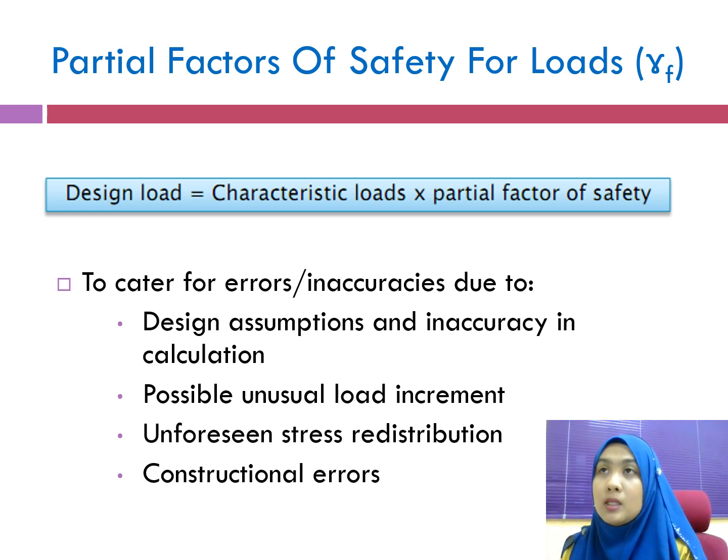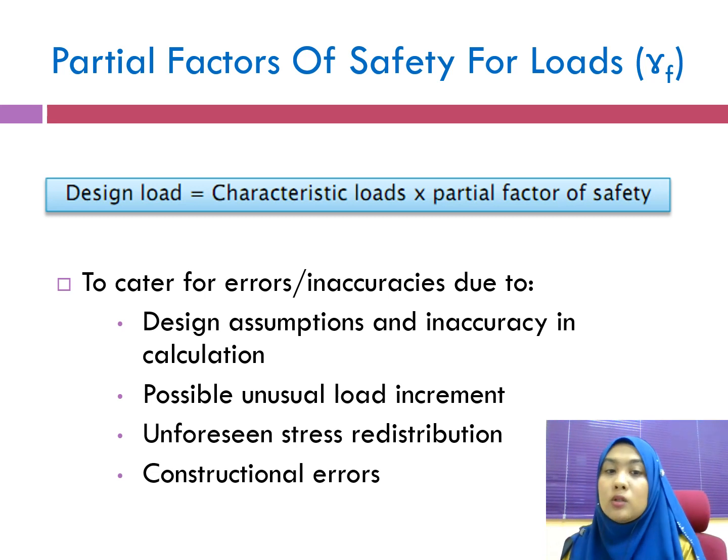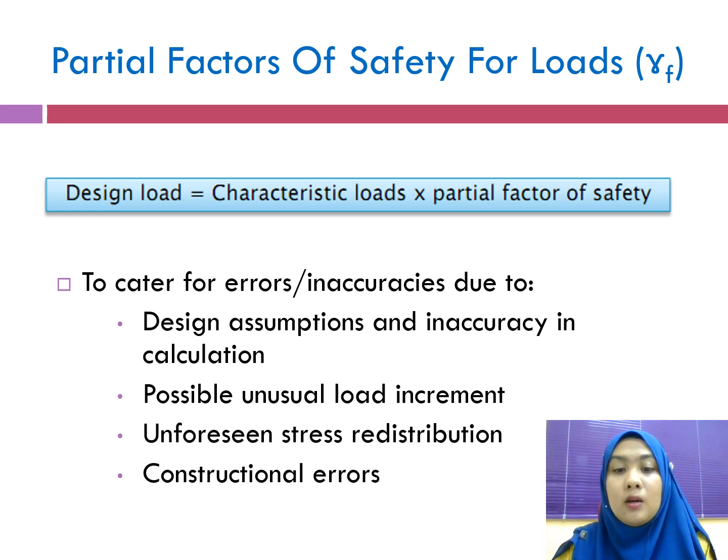So let's say when we design, we stated that the room can be catered for 10 people, but in the end 20 people come into the room, so that is the unusual load increment. That's why we add a partial factor of safety to cater for load increment, and also unforeseen stress distribution, and also constructional errors.